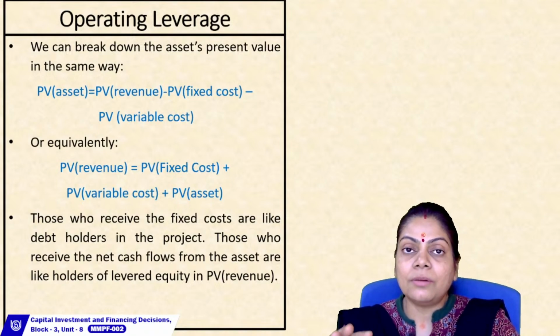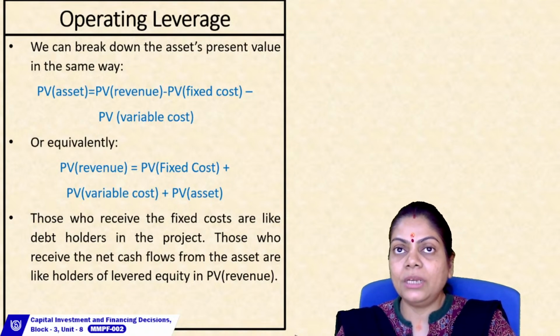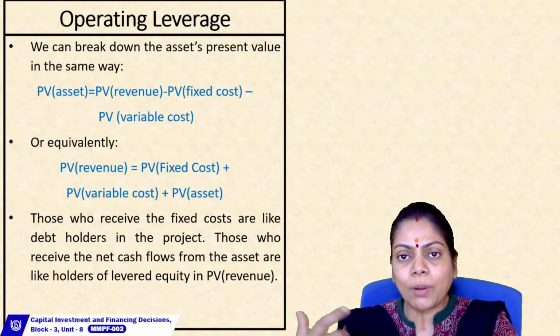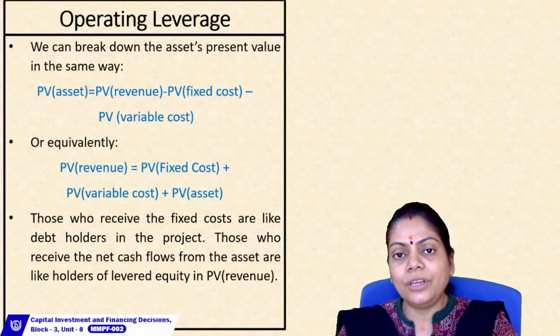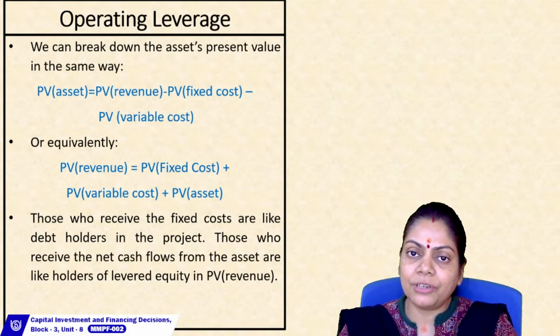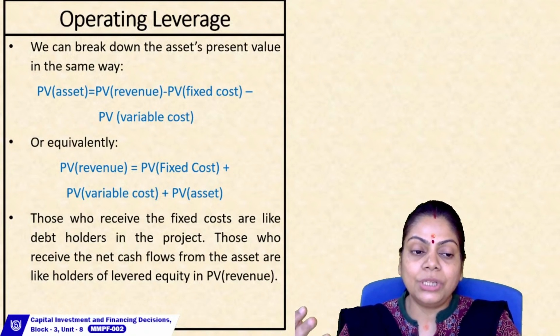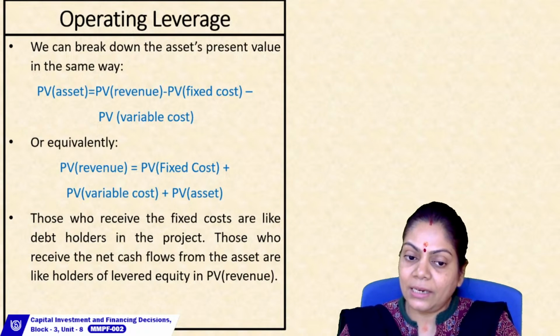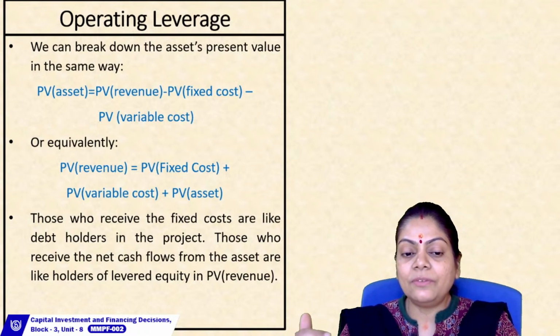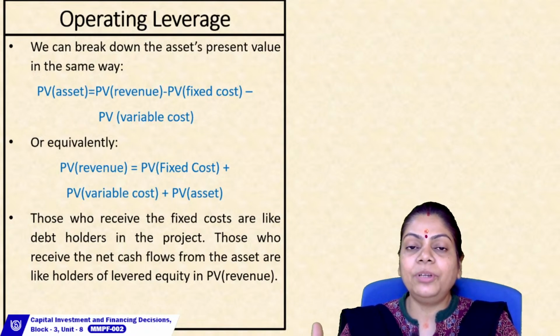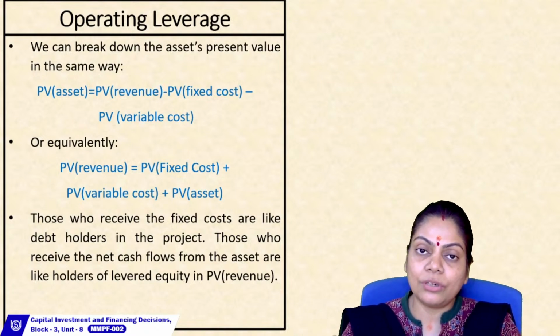Similarly, somebody who is receiving a fixed cost from me is nothing less than a debt holder, because I am giving them some amount of cash every year, maybe under a different heading, but the nature of the cash outflow for the debt holder and for the party receiving the fixed cost is the same. So the ones who receive fixed cost are like debt holders, and the ones who receive the net cash flow from the asset are like holders of levered equity. Levered equity is a company which has debt, and the equity shareholders of that particular company.